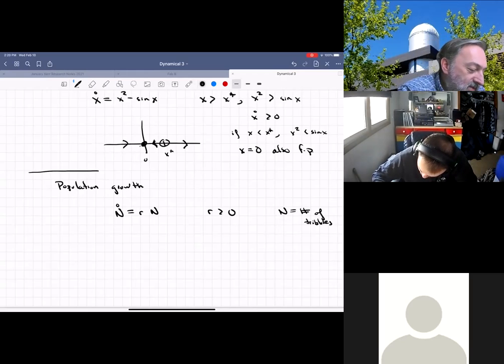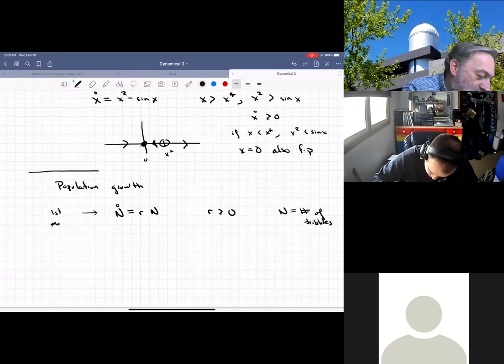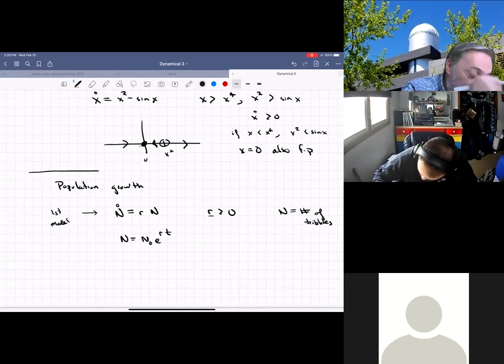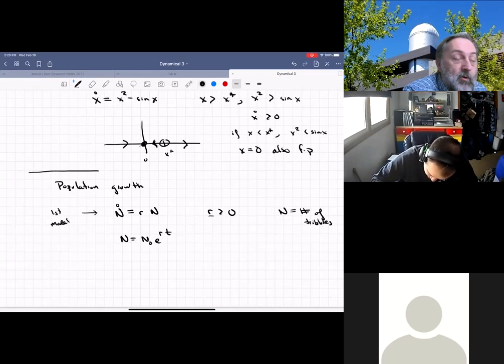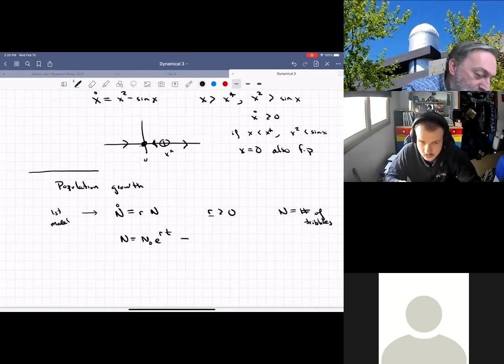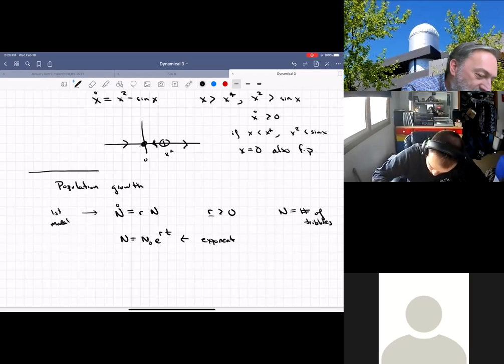Let me suppose that I have this as my first model. This is a bad model because the solution to this model is an exponential growth. If R is a positive number, then N0 e to the RT would be the solution, and that's exponential growth, and it's not very likely that the tribbles will grow exponentially.